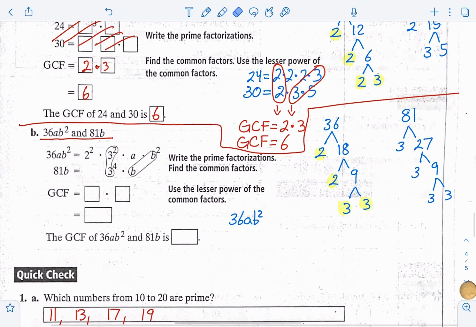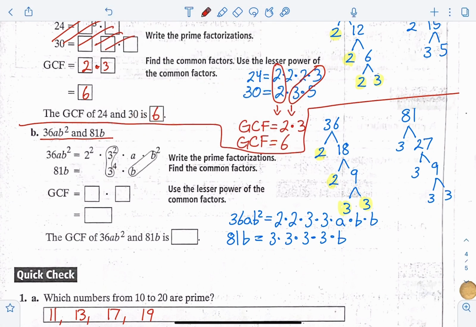So you would have 2 times 2 times 3 times 3 times A times B times B, because we had AB squared at the end of that. For 81B, okay, I'm getting these from here, right? 36AB squared and 81B. We're going to have 3 times 3 times 3 times 3 times B.